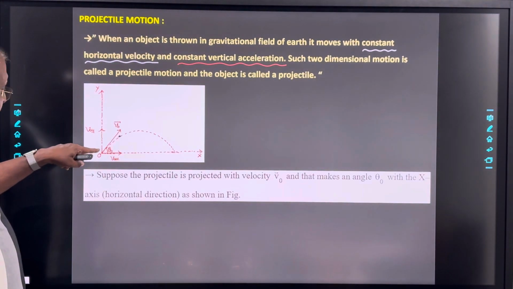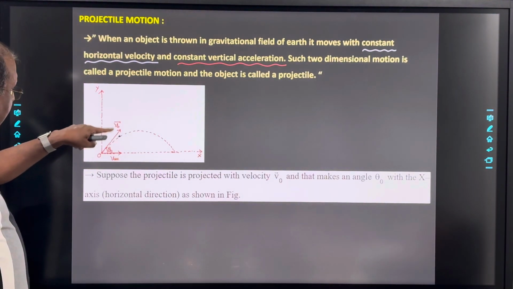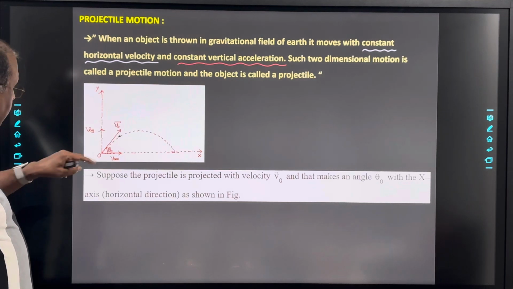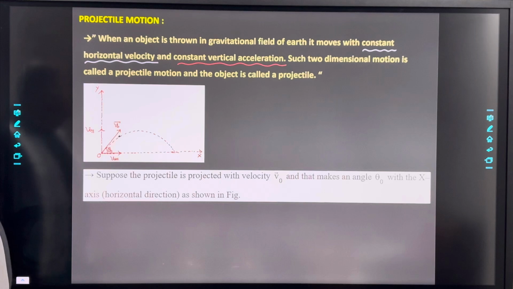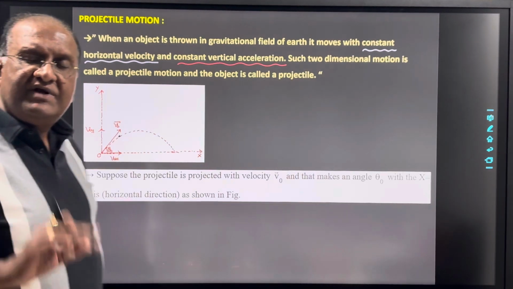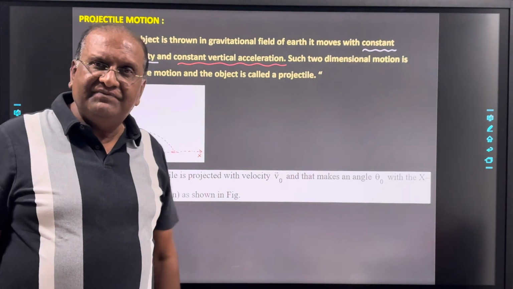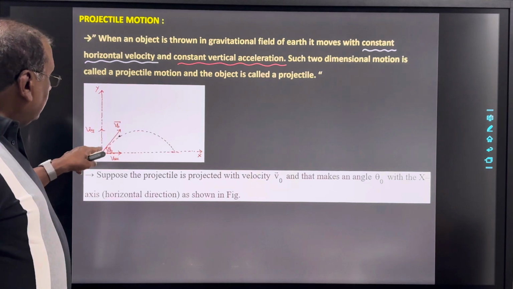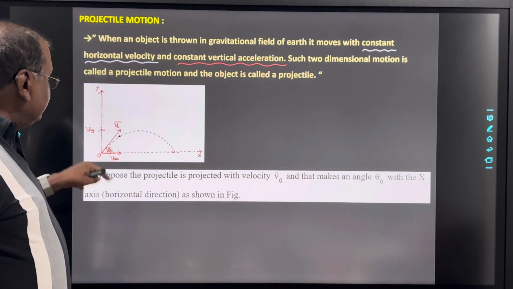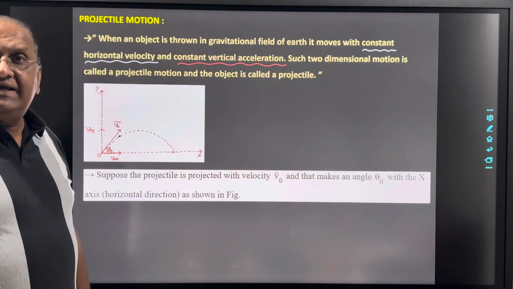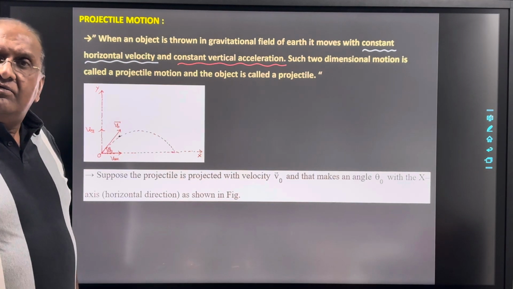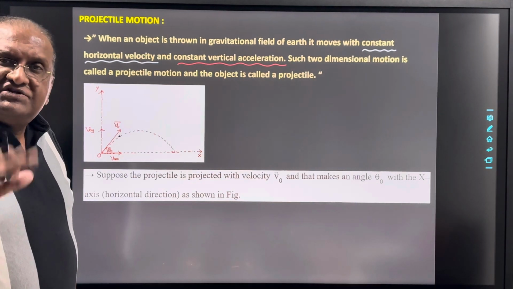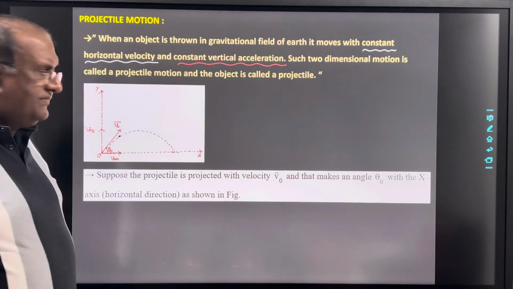Suppose the object is projected with initial velocity v0 at some angle theta 0 with respect to x axis, or we can say with respect to horizontal direction. तो इसकी इनिशियल वेलोसिटी इन हॉरिजॉन्टल डायरेक्शन क्या है वो हम देखेंगे. वो वेलोसिटी कांस्टेंट रहेगी थ्रू आउट द मोशन.